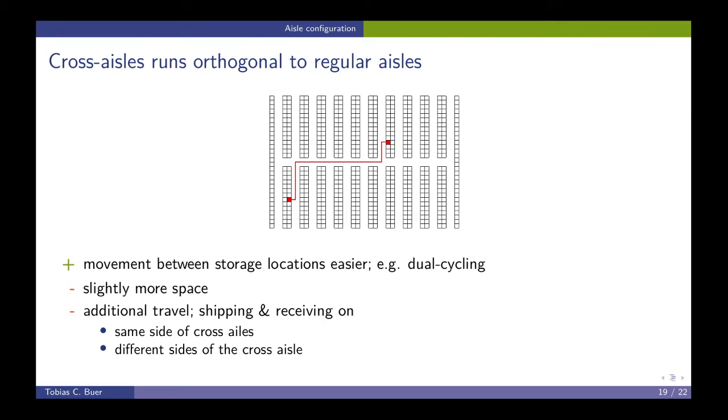However, we can try to improve the ability to navigate inside a warehouse by adding a cross aisle. Here you see the cross aisle roughly in the center of the warehouse, orthogonal to the storage locations. The disadvantage is, of course, we lose a little bit of storage space by adding this additional aisle.